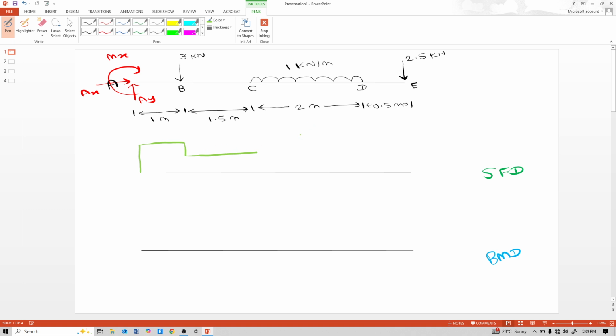At point C to D there is a uniformly distributed load, so it is like this inclined line. UDL, that means shear is inclined.